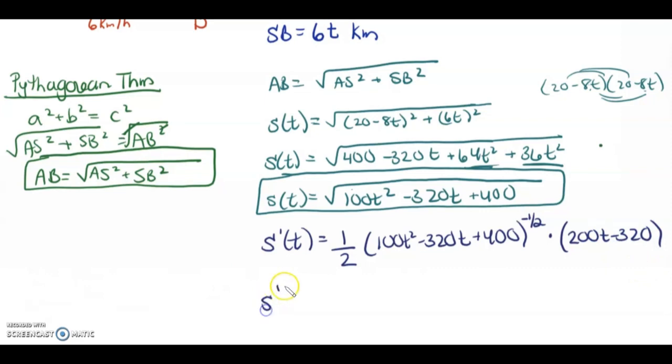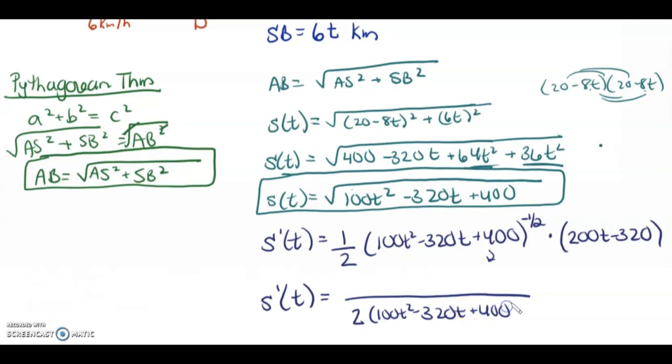I'm going to just go ahead and rewrite this. This bracket to the negative 1/2 is going to make that go down into the denominator, and then we can write it as a positive exponent. In the denominator, we're going to have a 2, and then a bracket 100t squared minus 320t plus 400, to the 1/2. In the numerator, we have 200t minus 320.